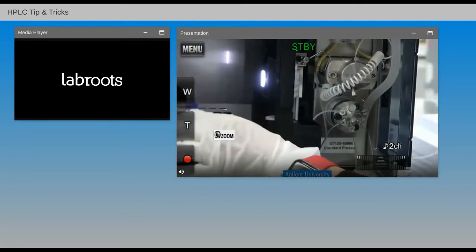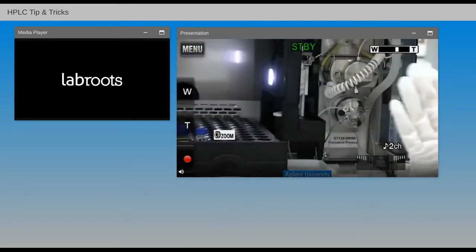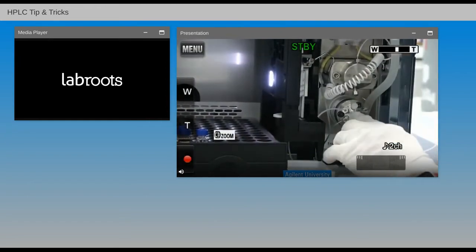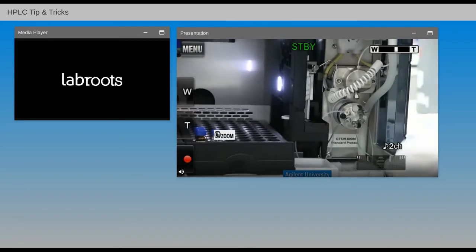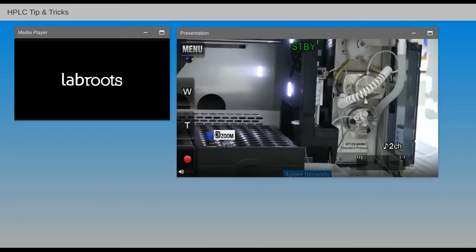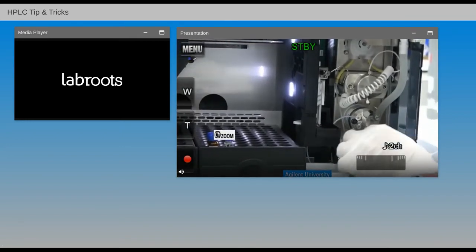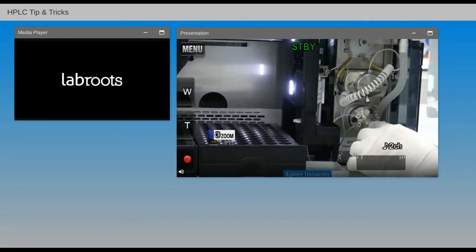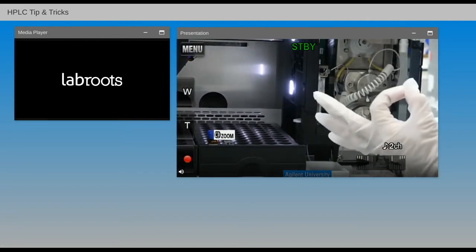But when the needle is not lifting up to draw any sample, the injection valve will always be in main pass mode. Main pass mode means that from number one, through the injection valve, inside this there's a rotor seal.